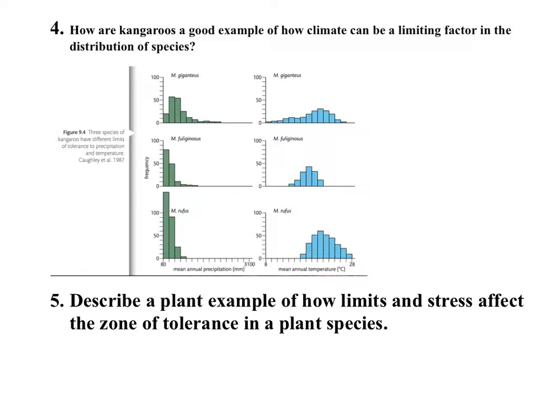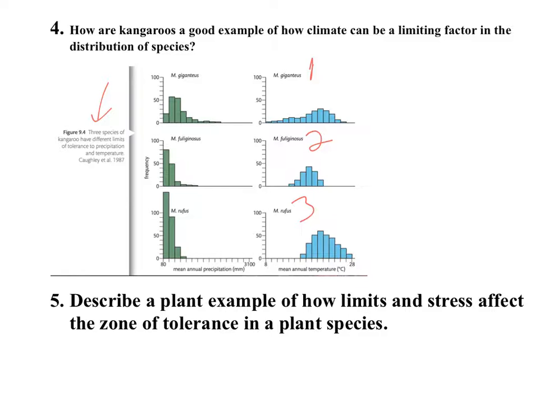How are kangaroos a good example of how climate can be a limiting factor in the distribution of species? So if you would read the question with me, we're looking at 3 species of kangaroos. So we have species 1, species 2, species 3. Gigantus, Fuliginosus, and Rufus.